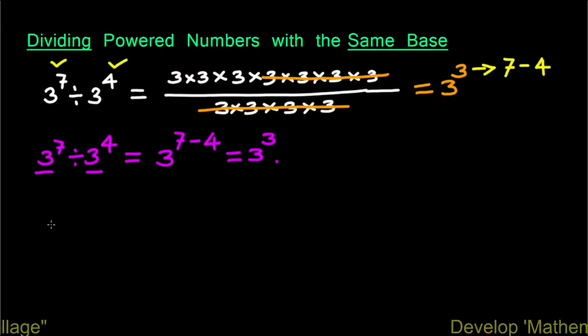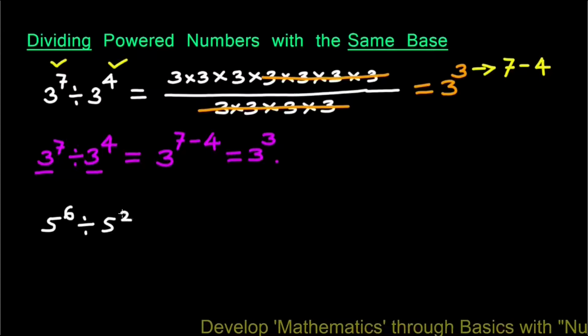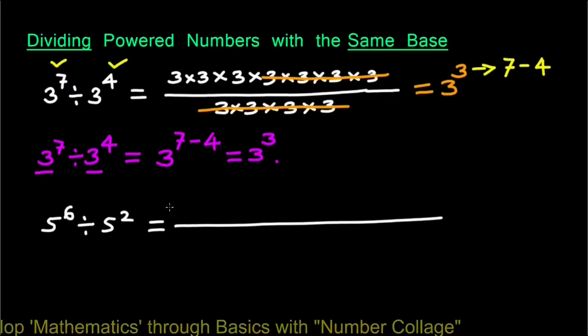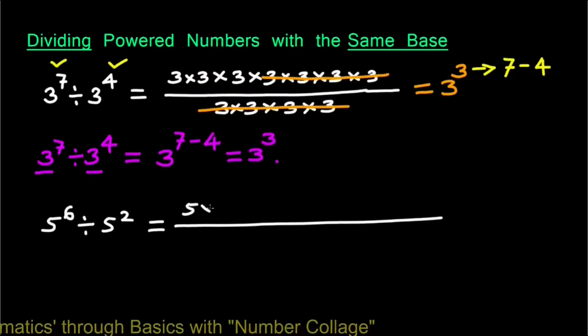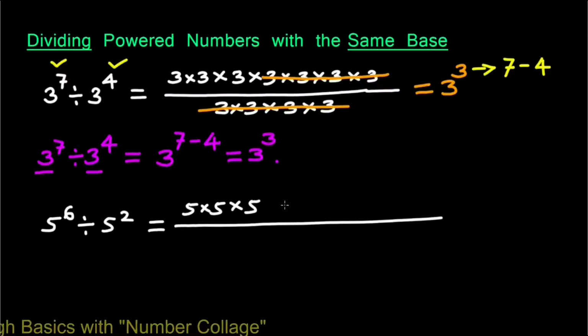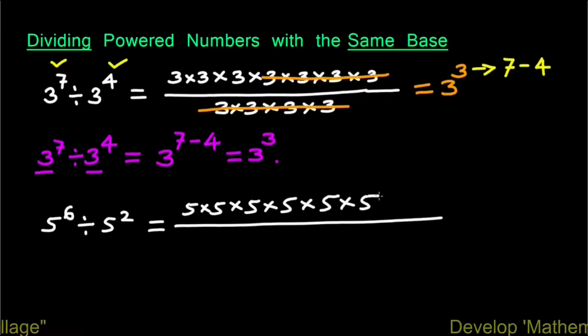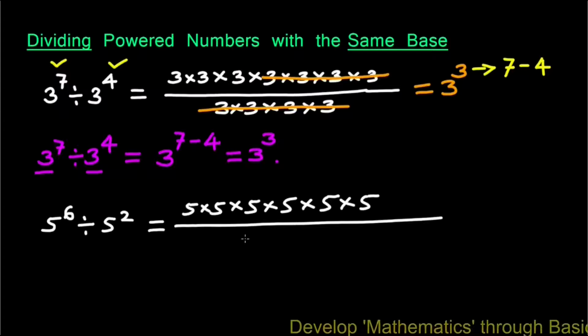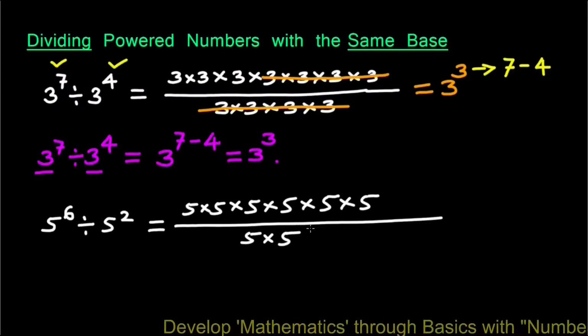Take another example: 5 raised to 6 upon 5 squared. This is, in the numerator it will be 5 multiplied by 5 multiplied by 5 multiplied by 5 multiplied by 5 multiplied by 5, 6 times, and in the denominator 5 multiplied by 5, 2 times.